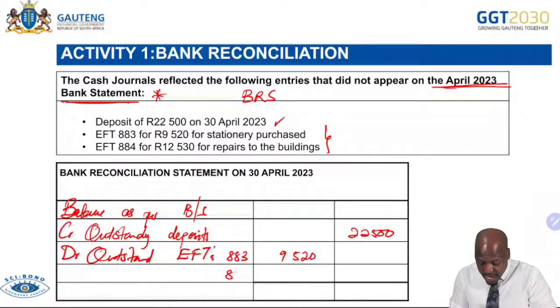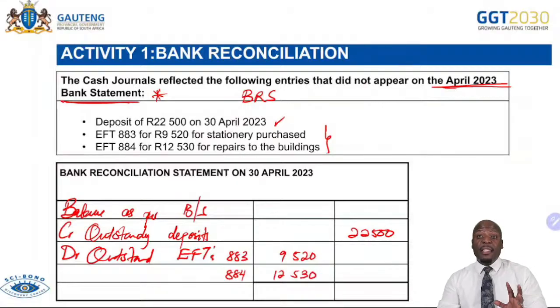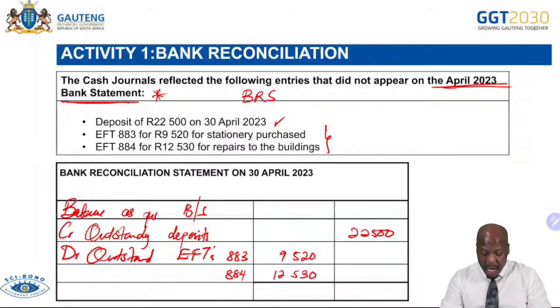Then we have 884 for 12,530. So these are the outstanding EFTs. So we have now recorded our outstanding deposit as well as our outstanding EFT. All right, so we're going to move on now to the next one.